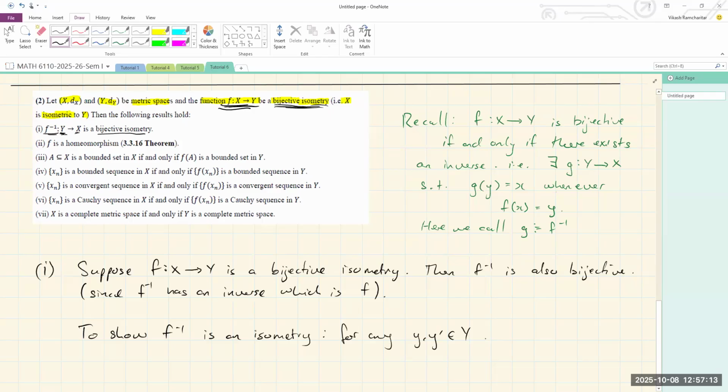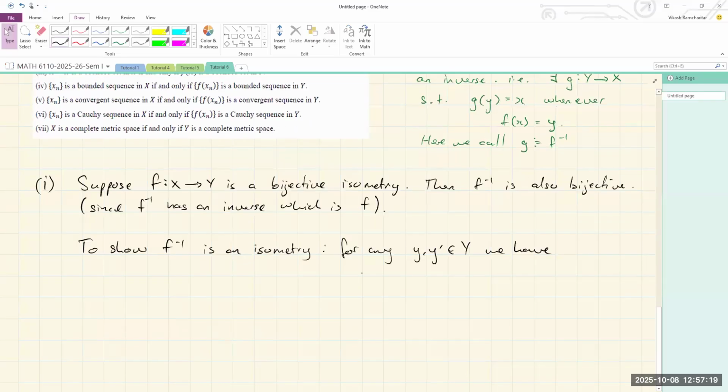So for any 2 points in y, we have that the distance in y between these 2 points is equal to the distance in x of the image of these 2 points, right? So this is what we want to show.